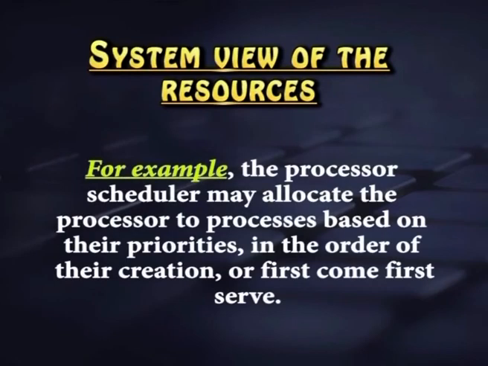The allocator is expected to provide service that is acceptable overall to the processes. For example, the processor scheduler may allocate the processor to the processes based on their priorities, in the order of their creation, or on a first come first serve basis.